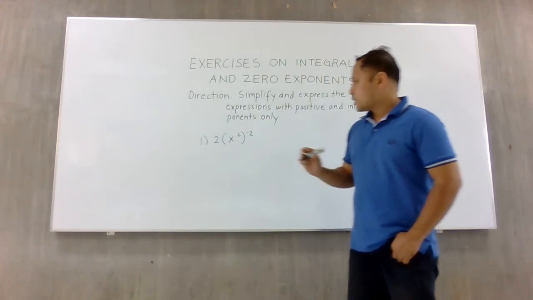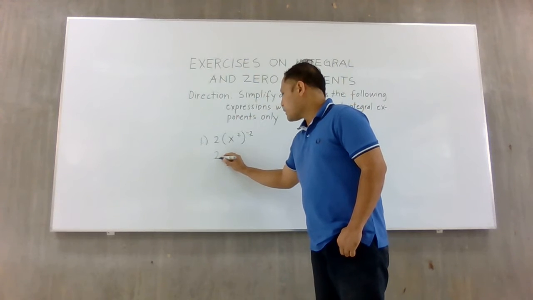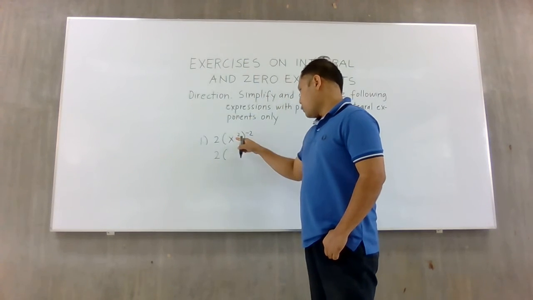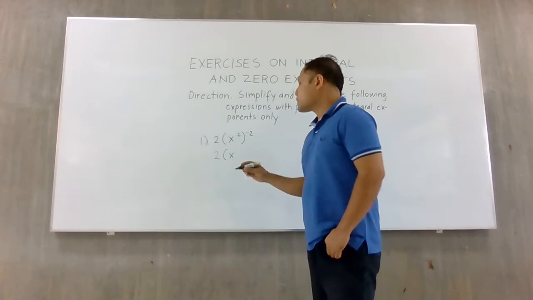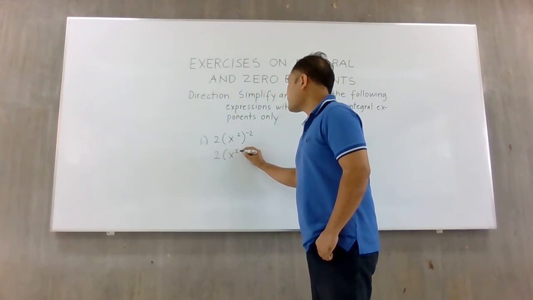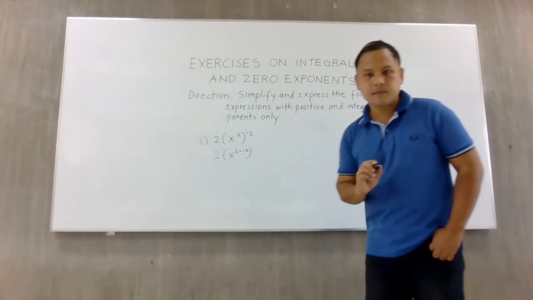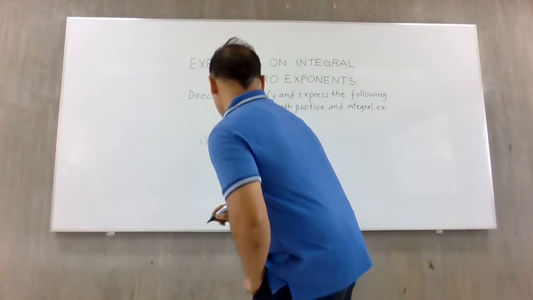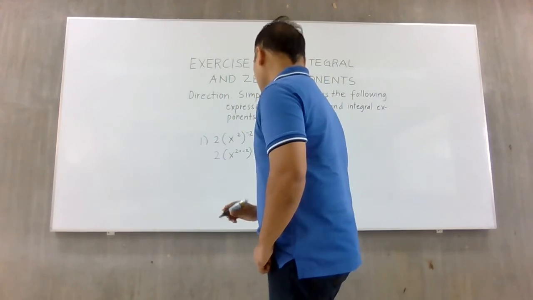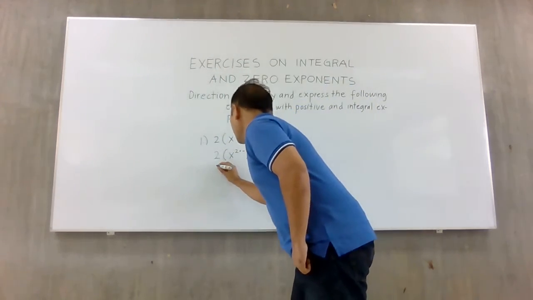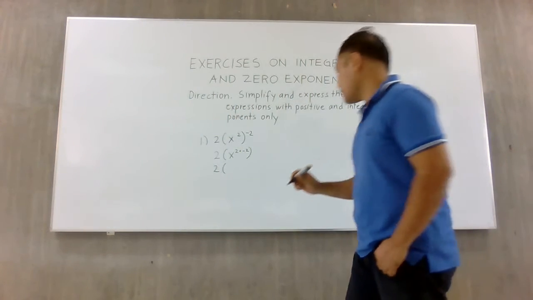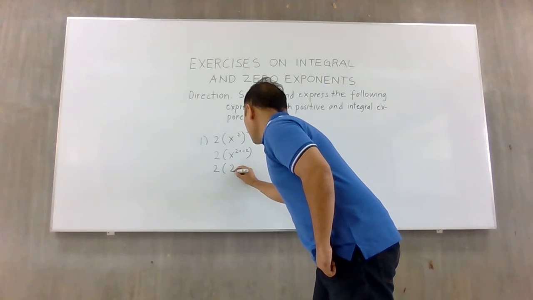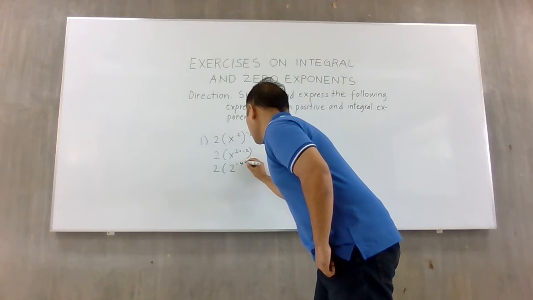Next step, we can copy the same base and multiply the exponents. So we have 2 times negative 2, which is negative 4. x raised to the power of negative 4.